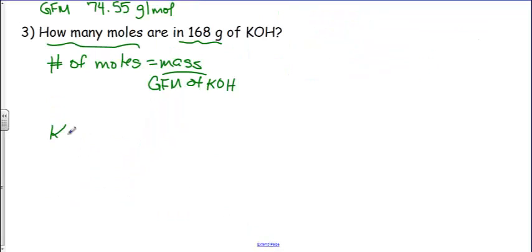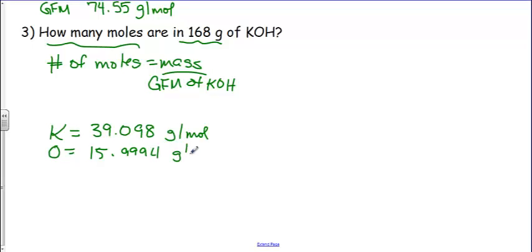So K, potassium, again, is 39.098. And then again, since we're doing GFM, we're going to just keep grams per mole. And then the oxygen is 15.9994 grams per mole. And our hydrogen is 1.000794 grams per mole.